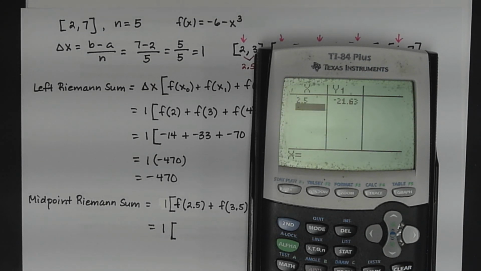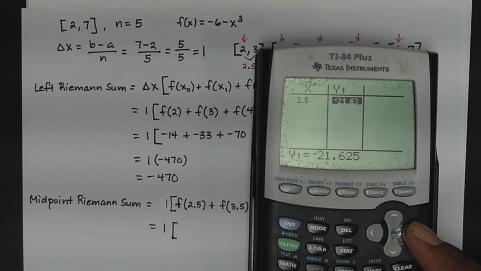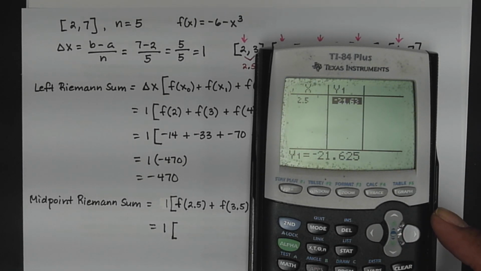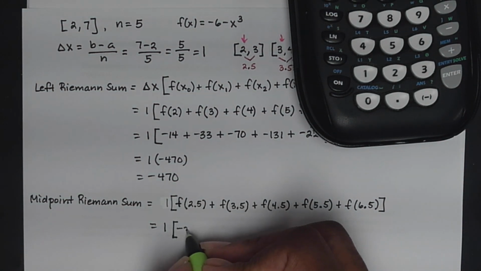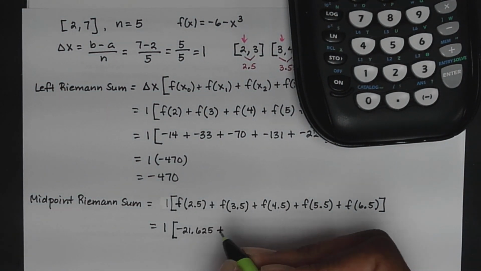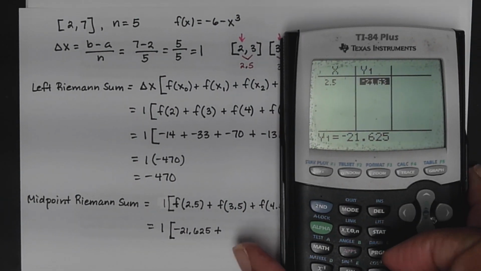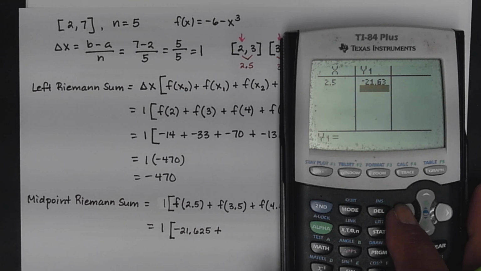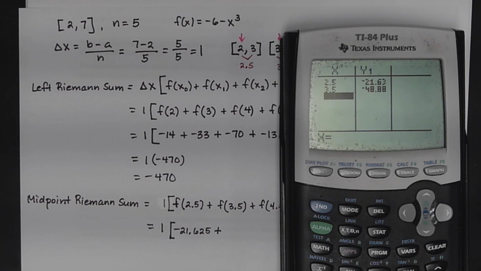Type in 2.5, and in this case, I need to put the cursor on top of this, so this will be negative 21.625. Because this calculator that I'm using only goes out to 2 decimal places, and I need all the decimal places to come up with the exact answer. Now I'm going to go back to under the X column, type in 3.5, hit enter.